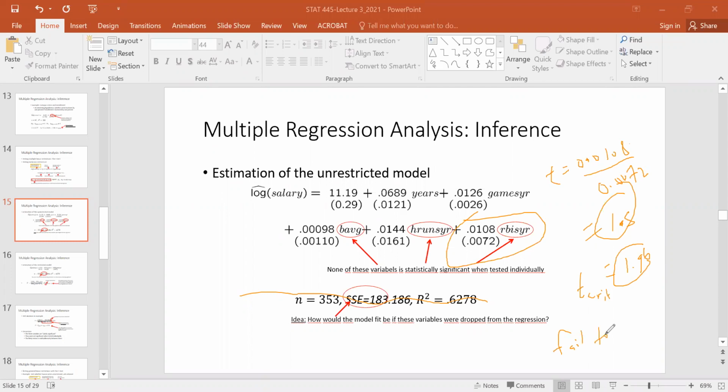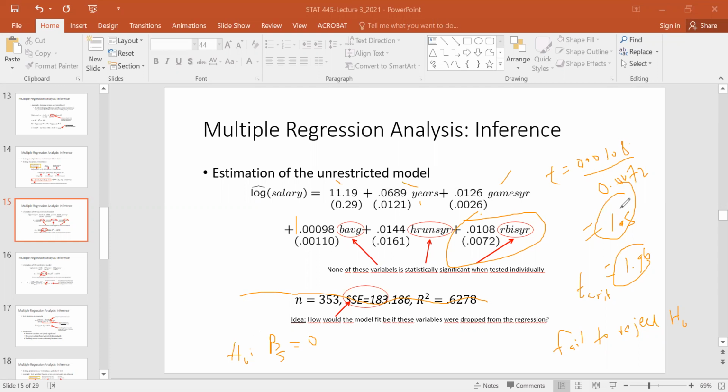Fail to reject H naught, and conclude. Remember, this H naught is saying this particular beta 5. Remember, this is beta 0, beta 1, beta 2, beta 3, beta 4, beta 5. This thing here is what we are failing to reject.